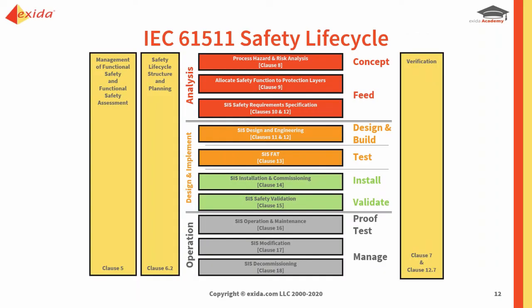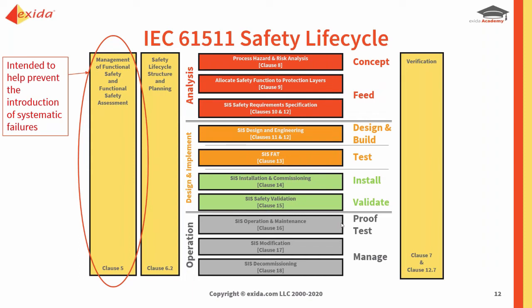So again, if we look at the life cycle, as I've said, the 3 phases, we have the analysis, we have design and implementation, and we have operation. And of course, we can do all of this front-end work perfectly. But if we neglect to do the right things in terms of managing functional safety, especially when we get into the operation and maintenance phase, we could end up introducing potential systematic issues.